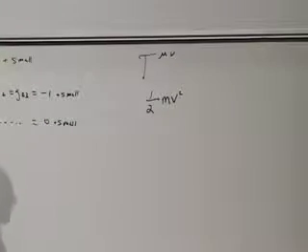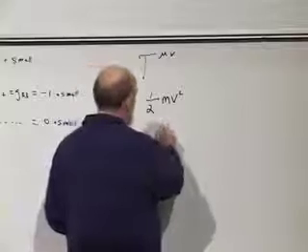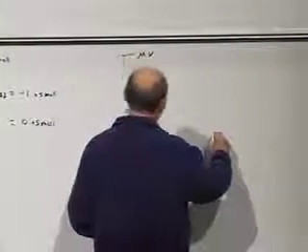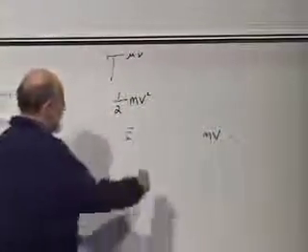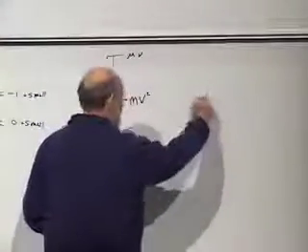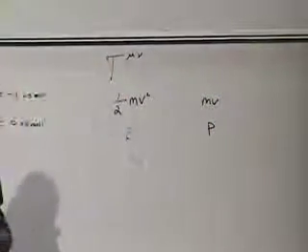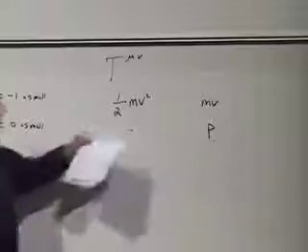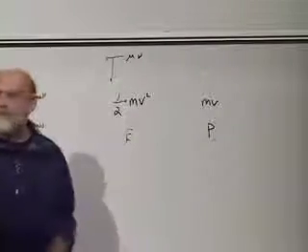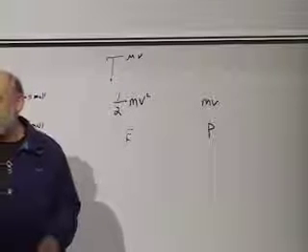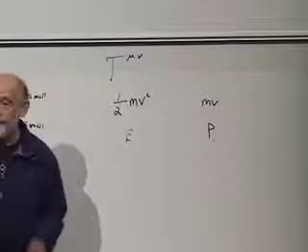What's the momentum? mv. This is energy, this is momentum, p equals mv. Remember that v is small. So which one of these is bigger? mv, right? Yes, mv is bigger than mv squared. But we forgot a term here.